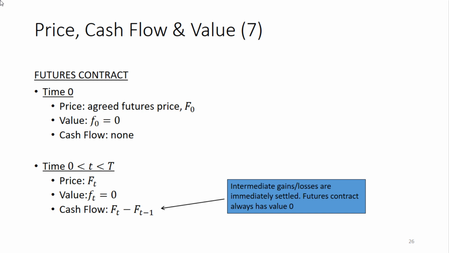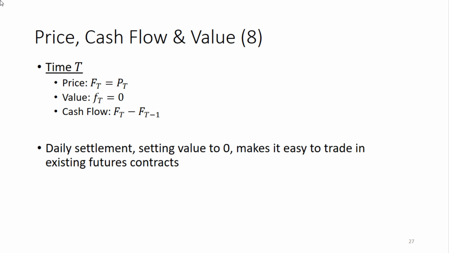So every time, say on a daily basis, we will look, say, well, what are the circumstances of the new contract? Has it become more attractive, then there should be a positive cash flow to the party. Has it become less attractive, then there should be a demand for cash flow from the party. And then we change the terms of the contract such that the value of the contract again is zero.